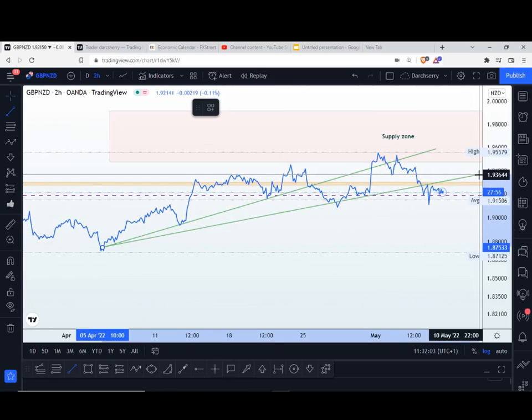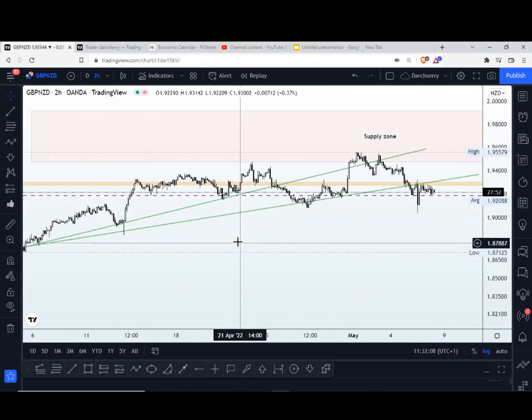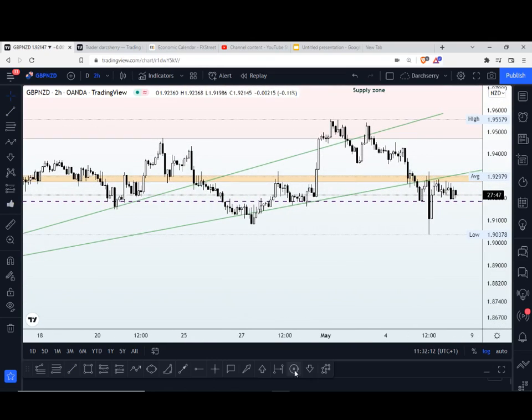Sorry, I think this is better. So bringing out our candlestick pattern, we can see that we had a breakdown of the trend line here.